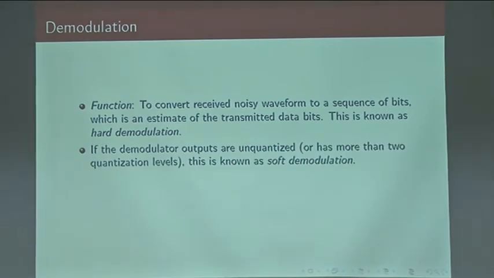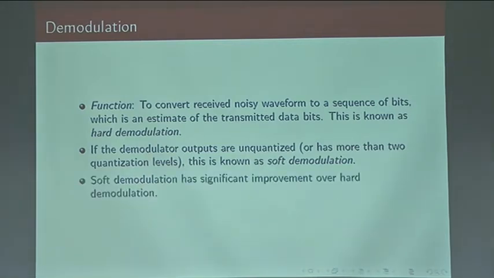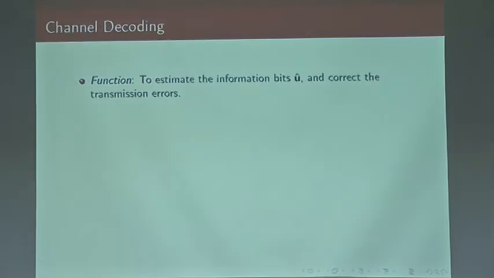But we don't have to do hard demodulation at the receiver. We could do something called soft demodulation. We could either leave the received symbols unquantized, or quantize them into more than 2 levels. Remember, the binary symmetric channel had only 2 possible outputs, 0 and 1. There's an advantage in terms of performance if you do soft demodulation, which I can indicate in a second.